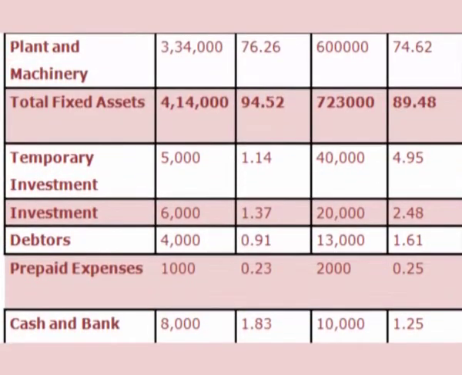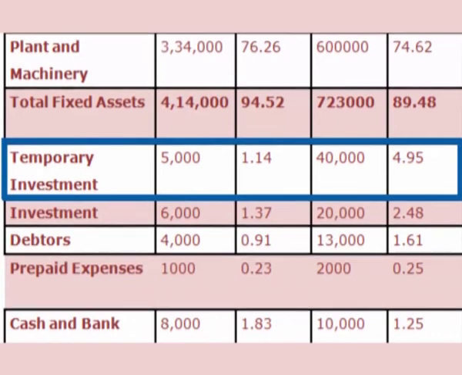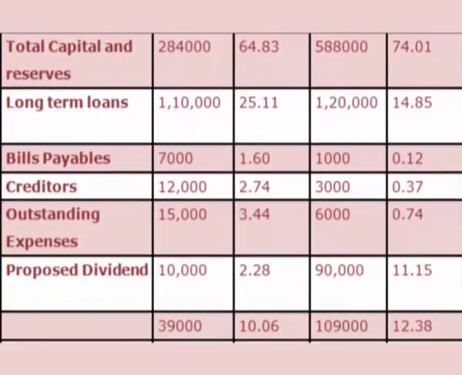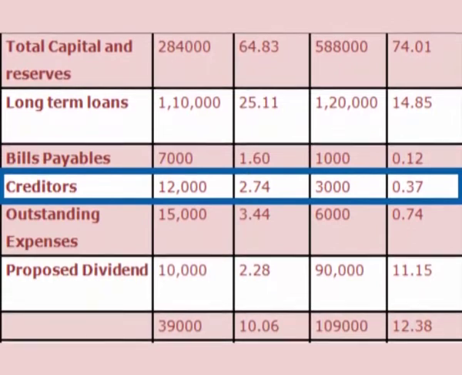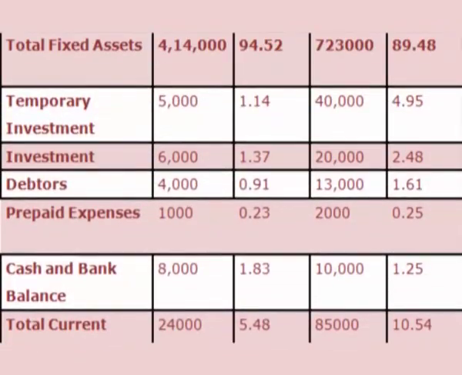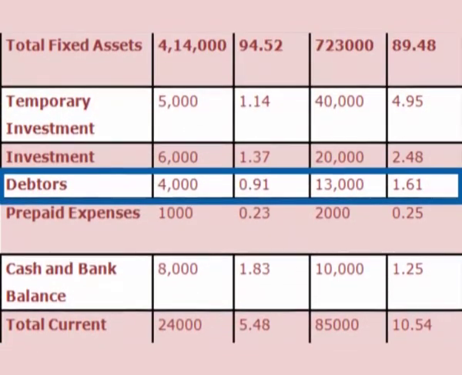While temporary investment figures reveal that the company has invested more in the second year. Also, creditors have been significantly reduced from 2.74% to 0.37%, which reveals that the company is paying its creditors on time, while the debtors position, which is not so good, needs some improvement.